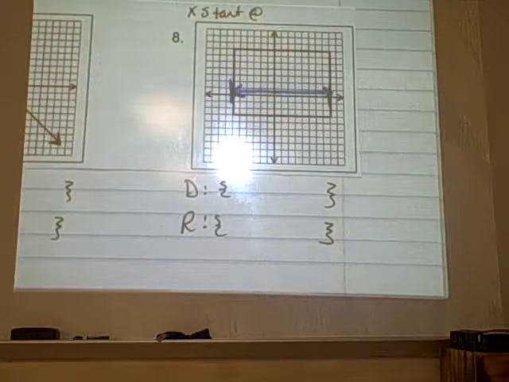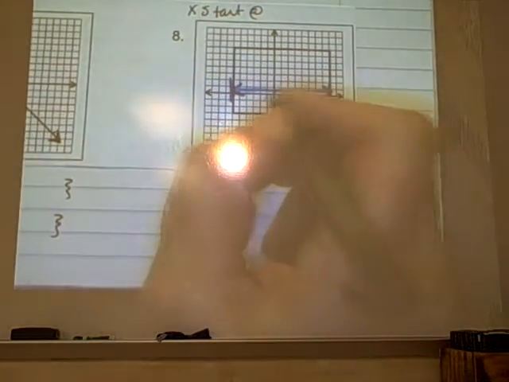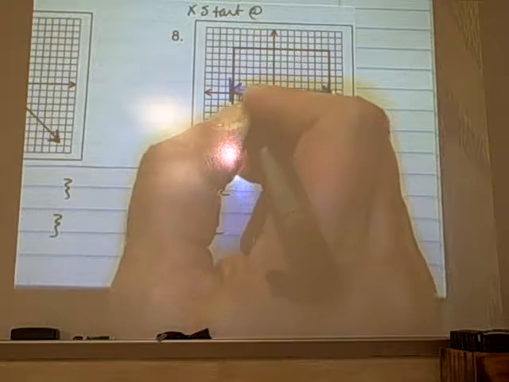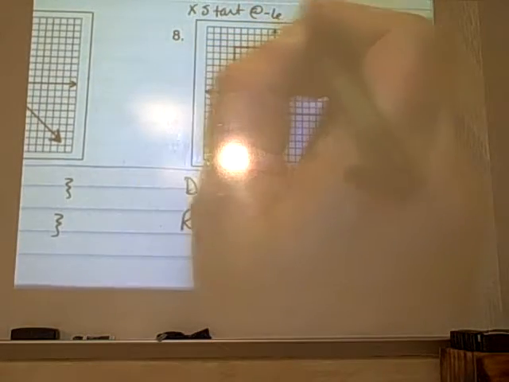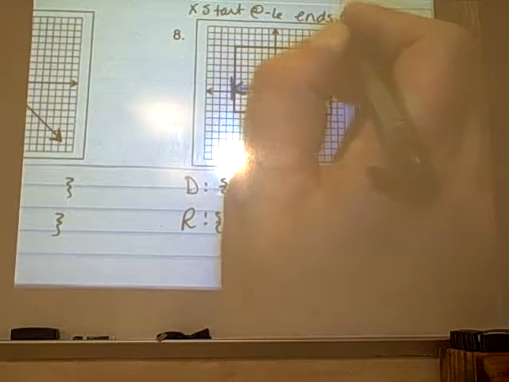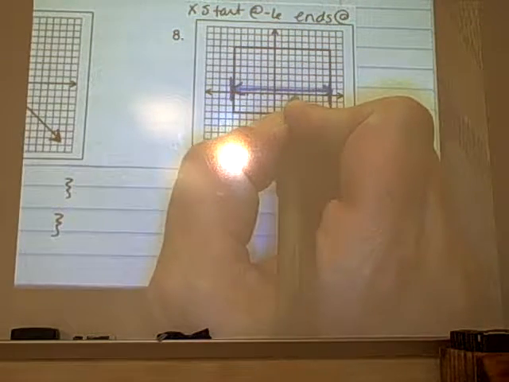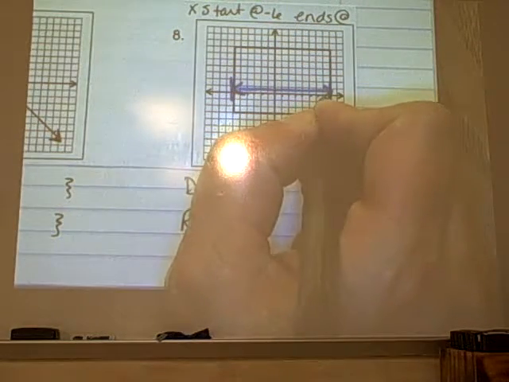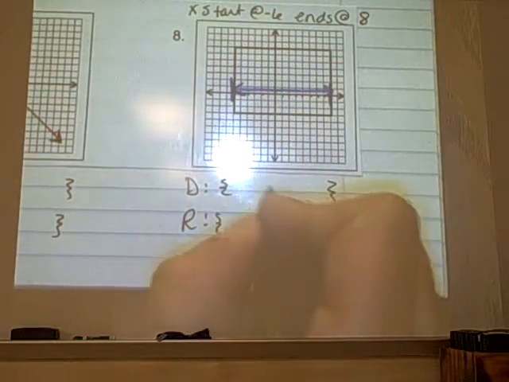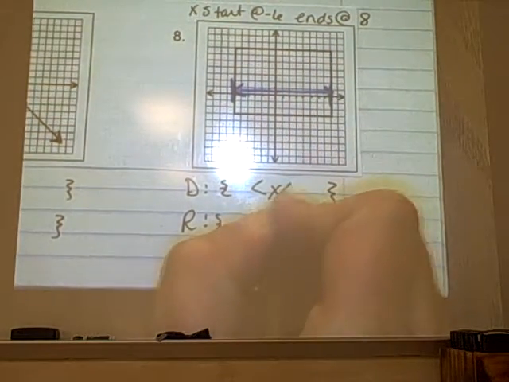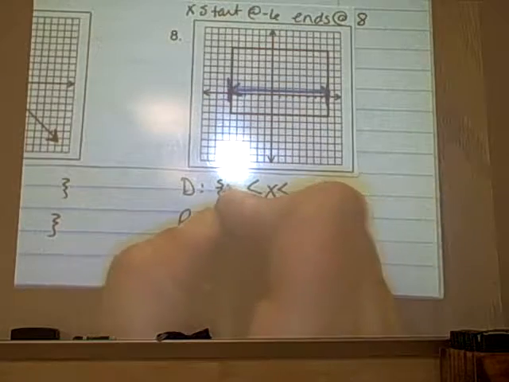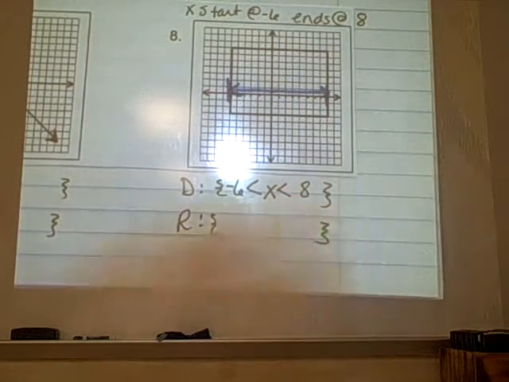That's how far the x's are going. So that is negative 1, 2, 3, 4, 5, 6. Negative 6 ends at positive 1, 2, 3, 4, 5, 6, 7, 8. Positive 8. So x is in the middle, arrows to the left, negative 6, positive 8.